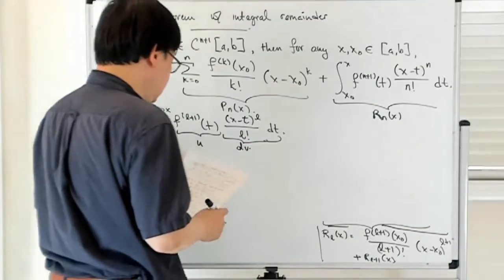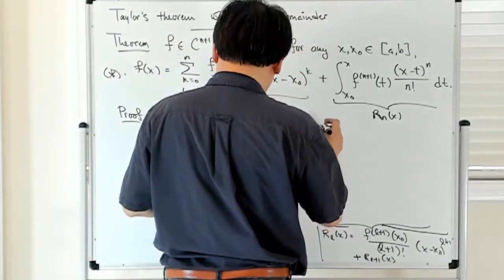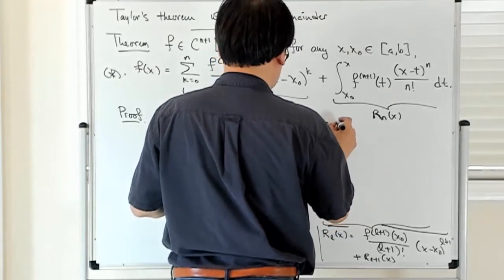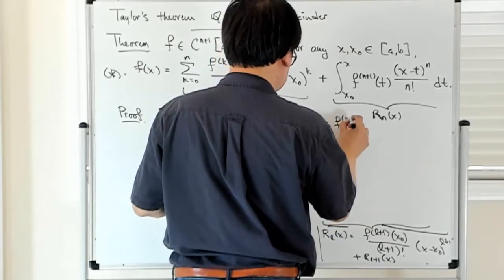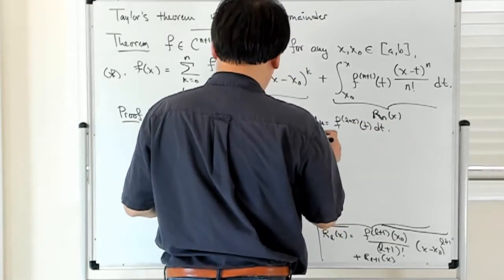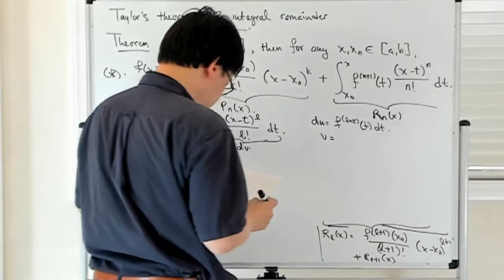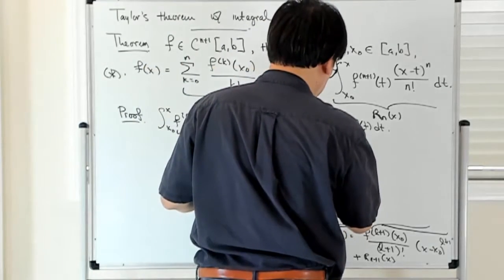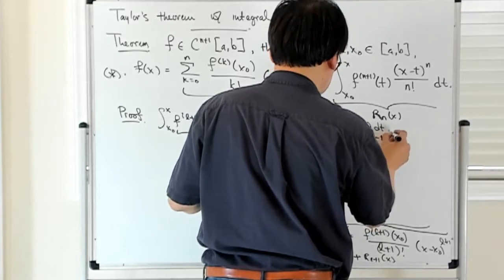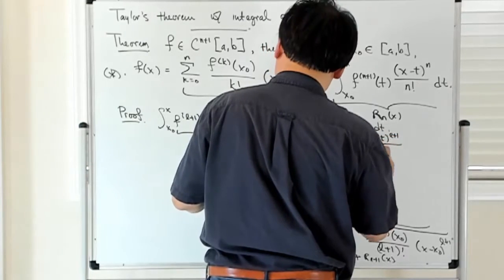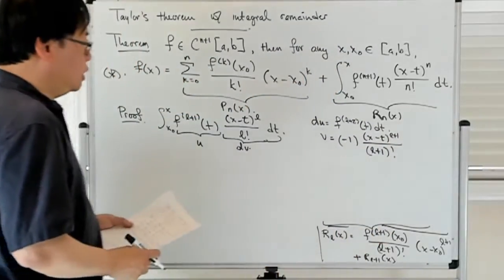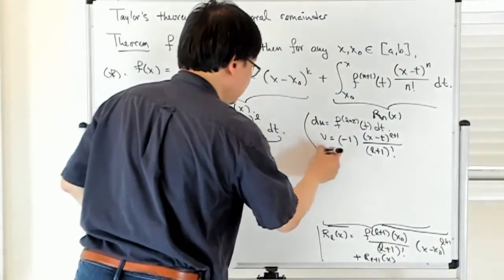Then du is going to be f^(L+2)(t) dt, and v is going to be minus (x minus t)^(L+1) divided by (L+1) factorial. Okay, so that's the integration by parts setup.